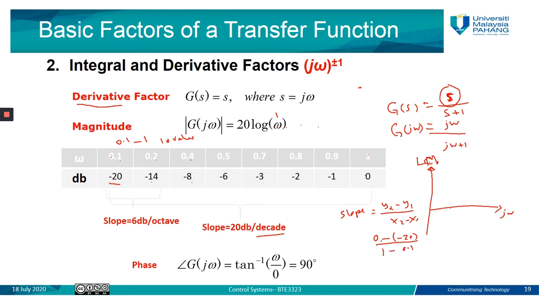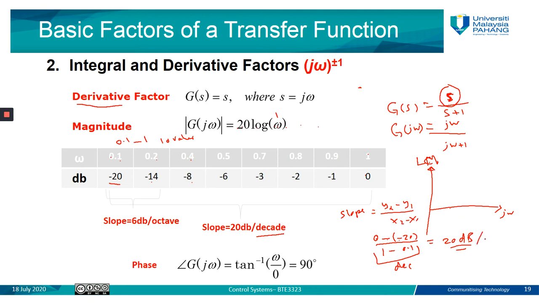So in this case, if you want to find the slope, the change in 20 dB here is in 1 decade, so the change will be 0 minus negative 20, which is positive 20 dB. So the slope of our line for the log magnitude for this value will be 20 dB per decade.